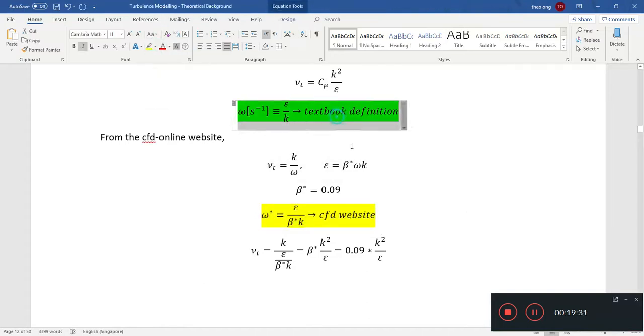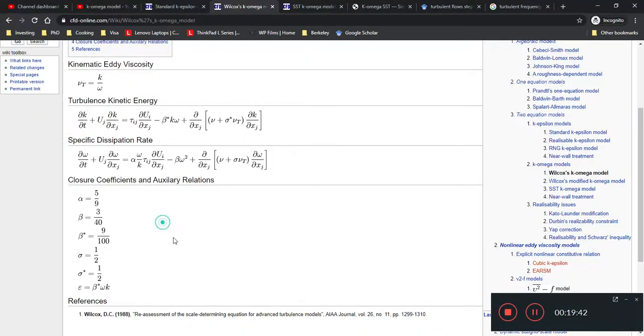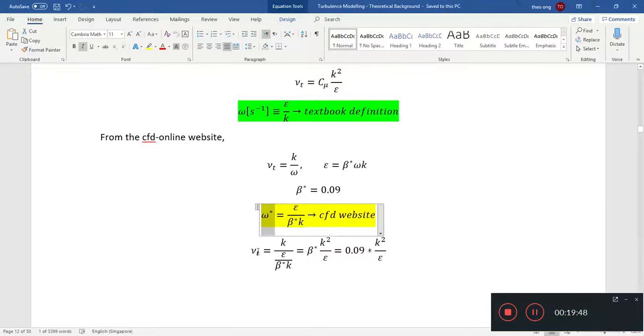So this is from the textbook, our standard definition of omega. This is what they use on the website. We can do some reconciliation later on, but for now we will just use this omega star definition. Then we'll see how both of them are related to each other.